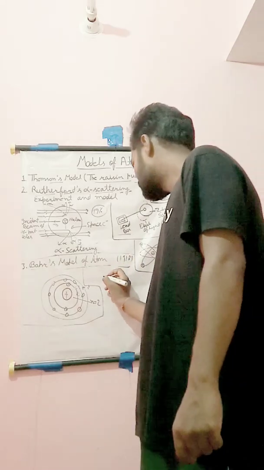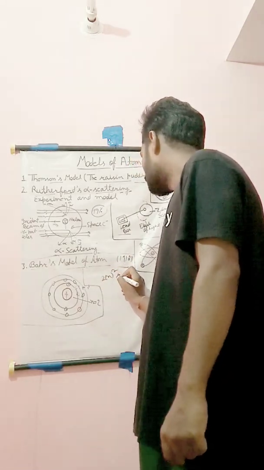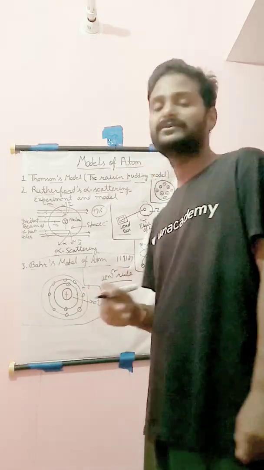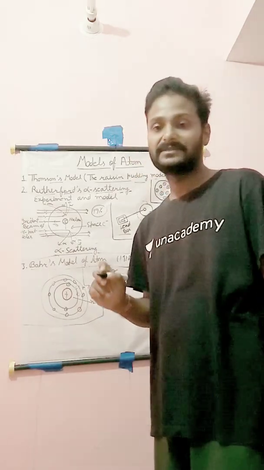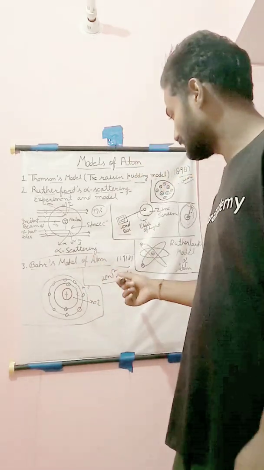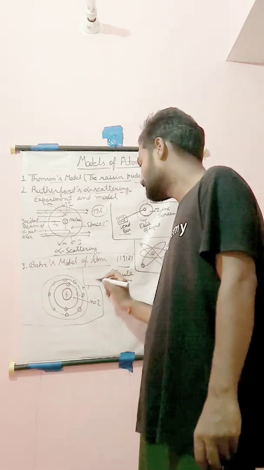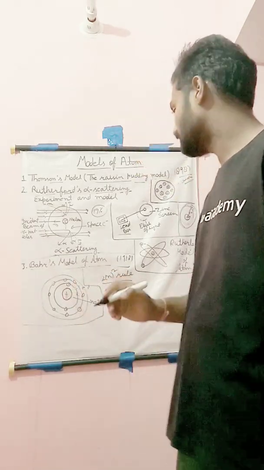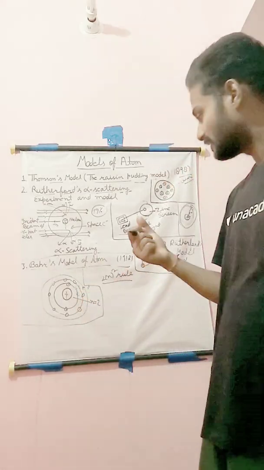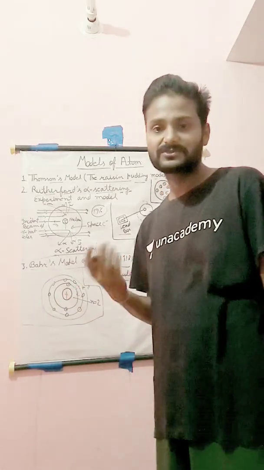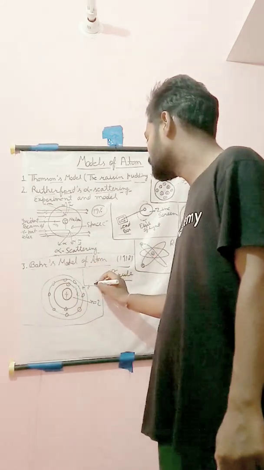Now I just want to discuss your 2n square rule, which you have to also read from your book. The 2n square rule says that every shell, the first shell is the K shell and it has two electrons. So the maximum number of electrons a shell can carry is equal to 2n square.